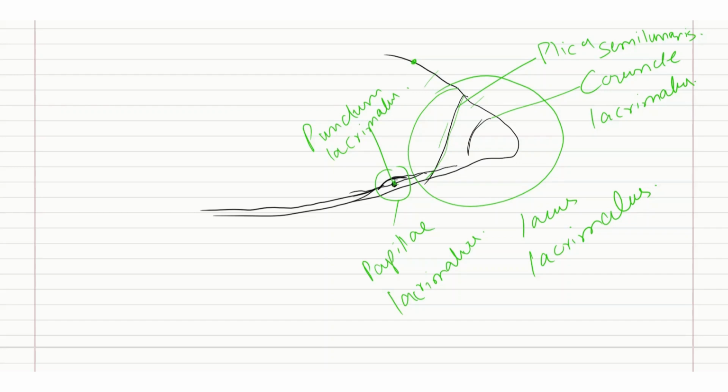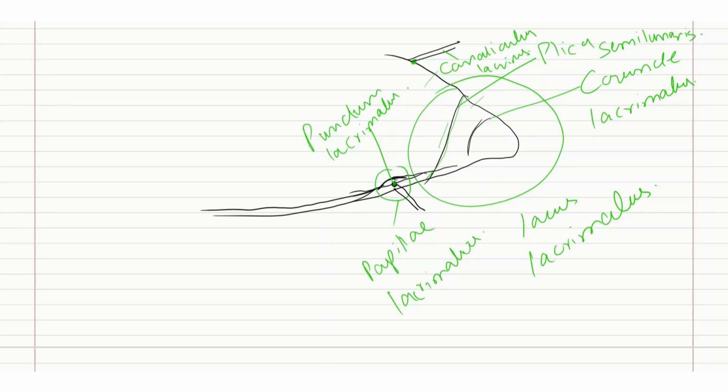Now, the punctum lacrimalis will lead into the canaliculus lacrimalis, from which the tears will drain into the nasolacrimal sac.